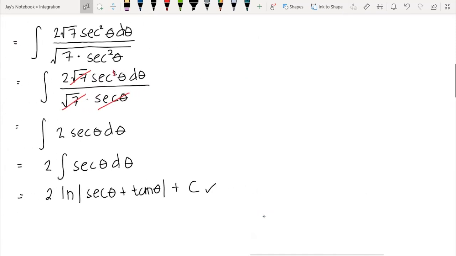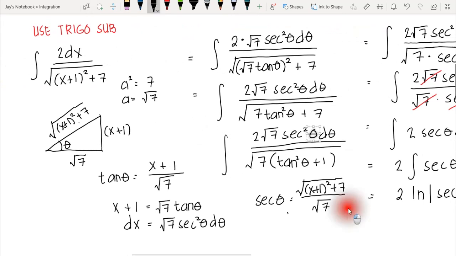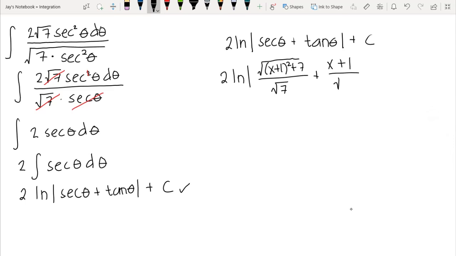So we have here the answer, that is 2, the natural logarithm, our secant theta, this is square root of x plus 1 squared plus 7 over square root of 7, plus tangent theta, that is from the right triangle, x plus 1 over square root of 7 plus c.